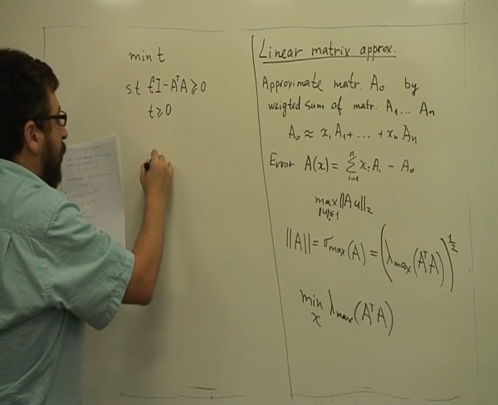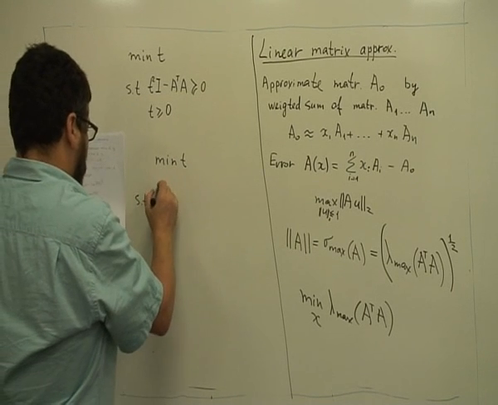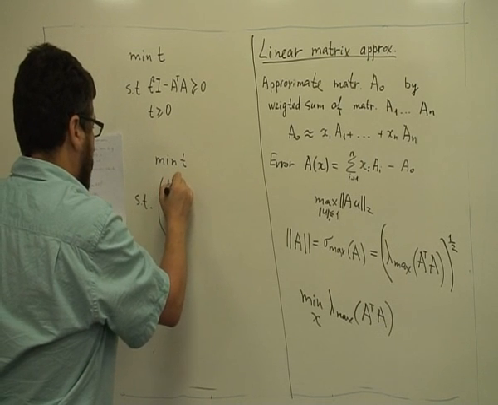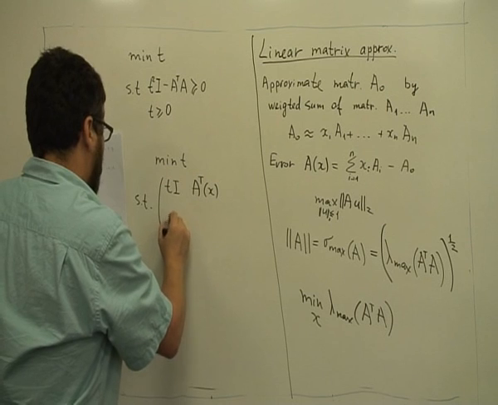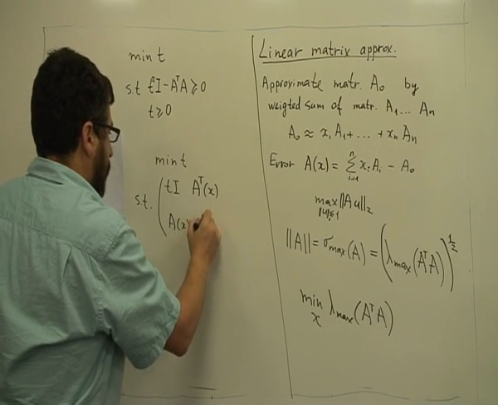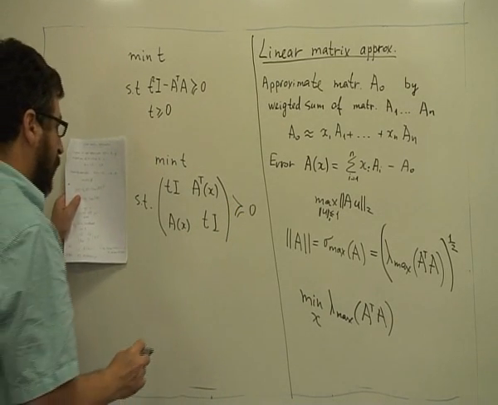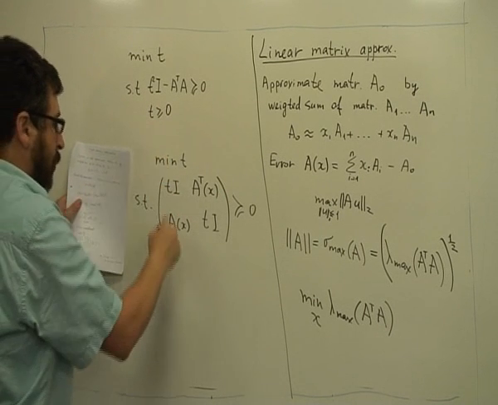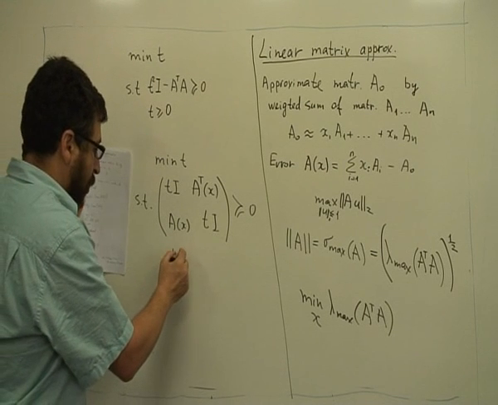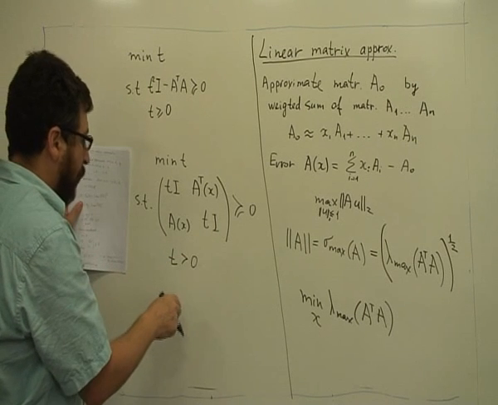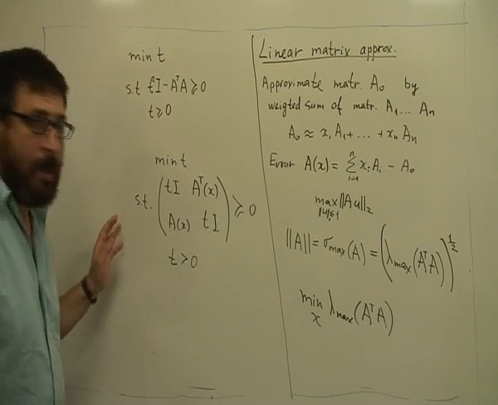So it's the same as minimize t subject to the following matrix being positive definite: t I, A transpose of x, here A of x, and here t I. So this should be greater or equal to 0, and t should be greater than 0 in order for the Schur complement to work.